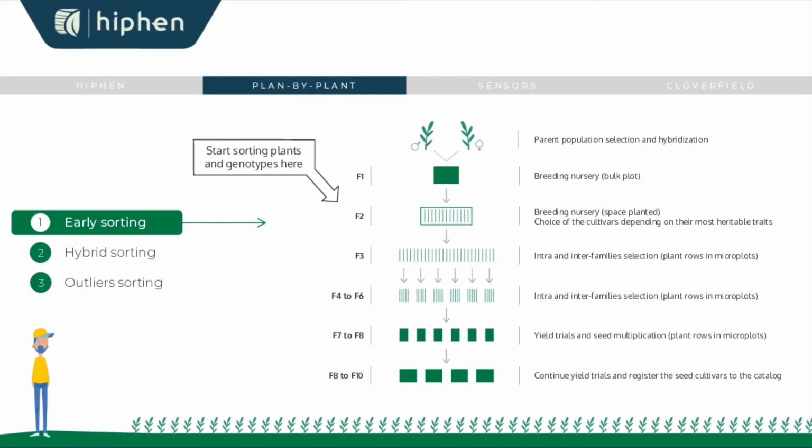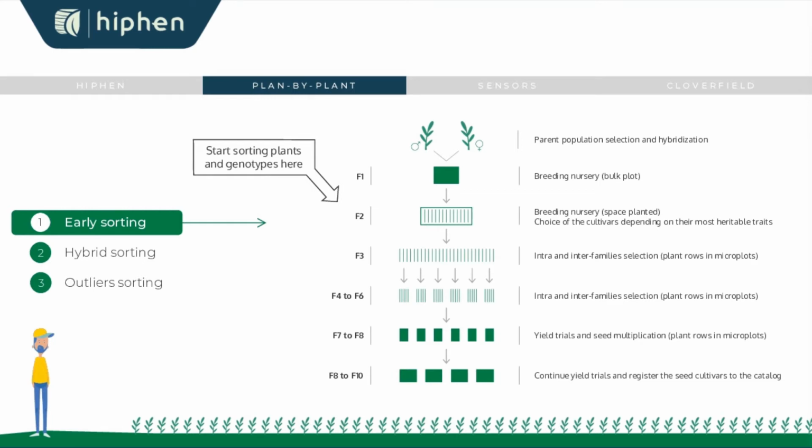So thank you, Jess. So I think the first main idea, and the real reason why it's so interesting to go plant by plant, is what we call early sorting. In other words, today phenotyping is really done at the microplot level. A microplot being a surface of a few square meters or a few square feet.